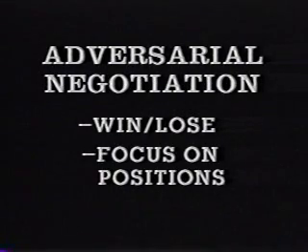In adversarial negotiation, the parties seek to divide up a fixed resource such as money or land. What one gains, the other must lose. They tend to focus on positions, that is, specific demands or offers.